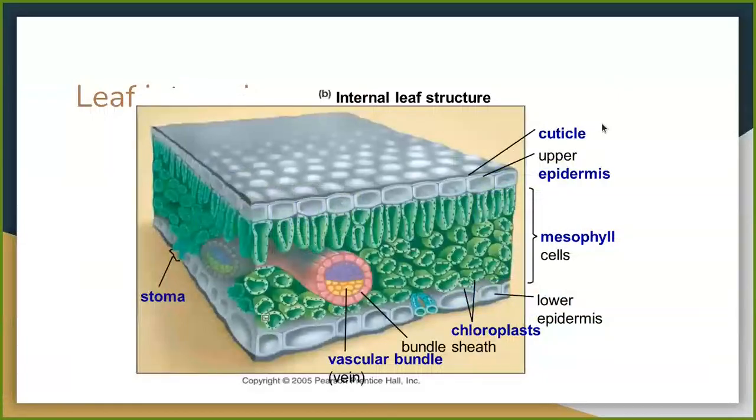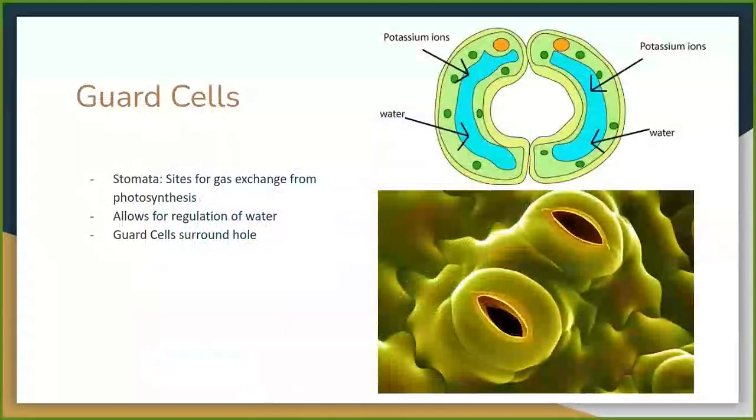Again, we move on to the leaf picture. Here you can see the cuticle on top. Again, that's a waxy layer. Then you have epidermis, and under that it's a bit different, with different structures as well. And then on the bottom, you have the stoma, and this one is labeled.